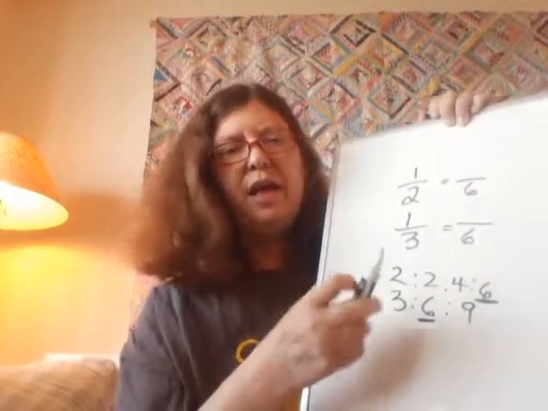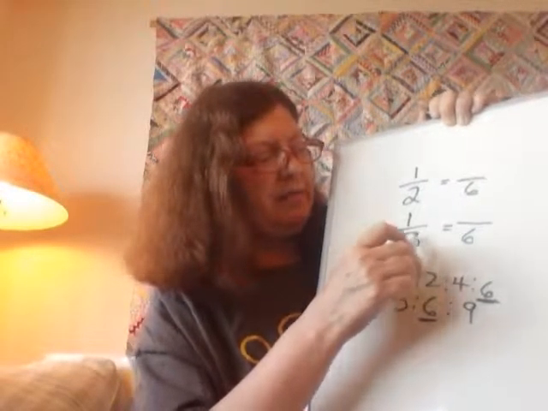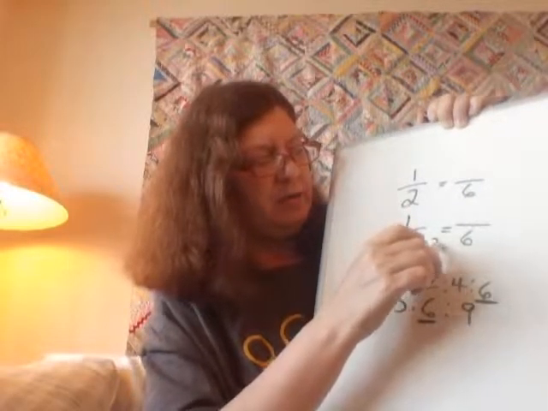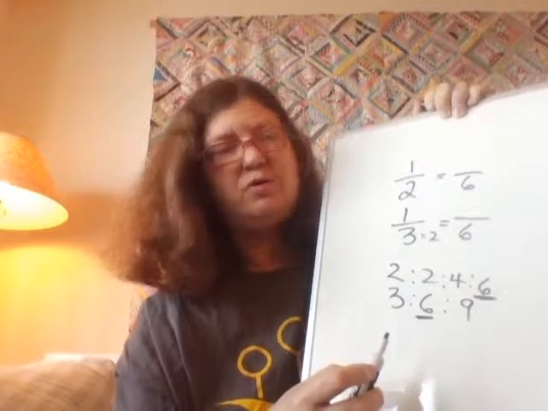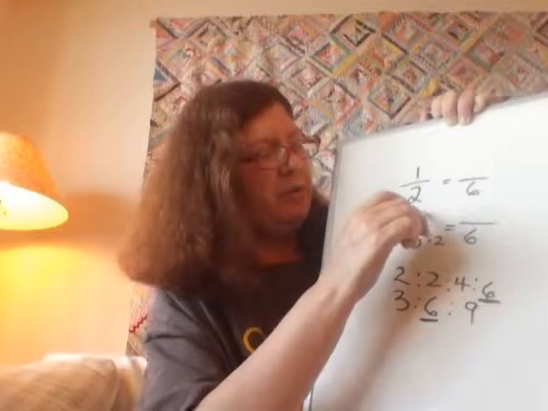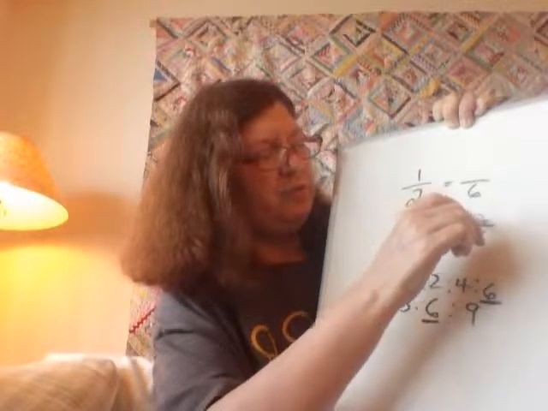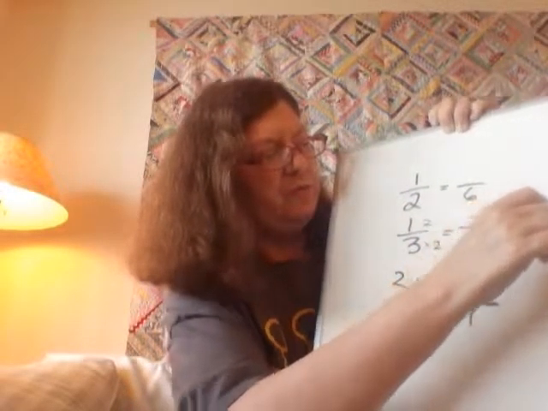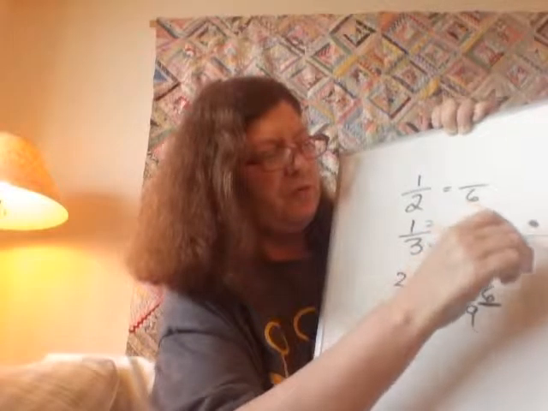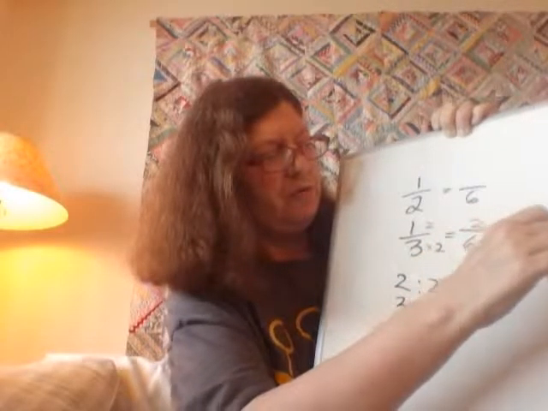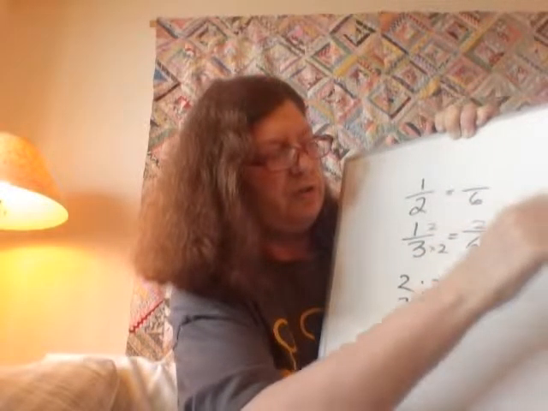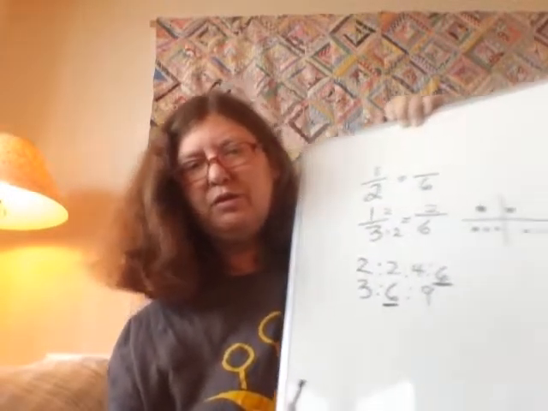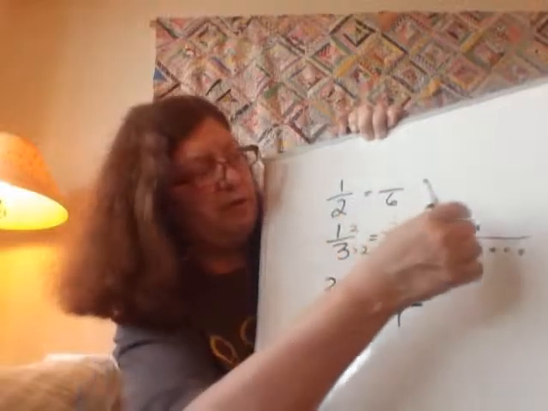So we ask, 3 times what is 6? 3 times 2 is 6. 1 times 2 is 2. So 2 over 6 is the same thing as 1 over 3.